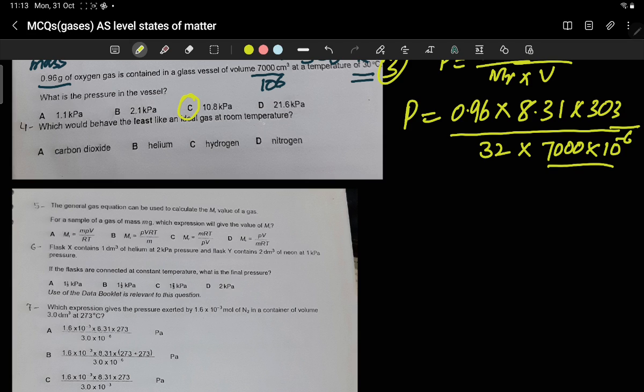Which would behave the least like an ideal gas at room temperature? At room temperature, you know the conditions. Question number 4.